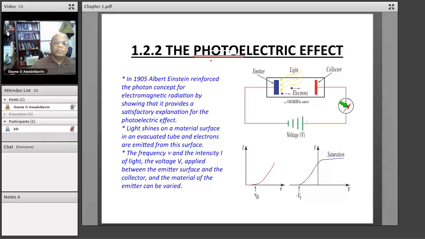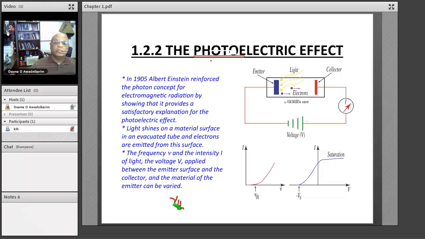And this is this plot here. You see I, and you see the frequency nu. As we turn the electromagnetic radiation on, there is no current until we get to a certain frequency, which we call nu threshold, or the threshold frequency.